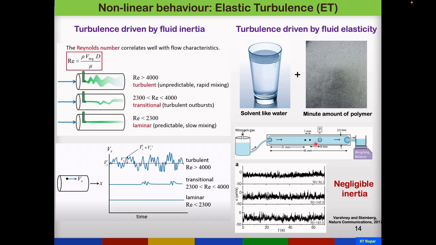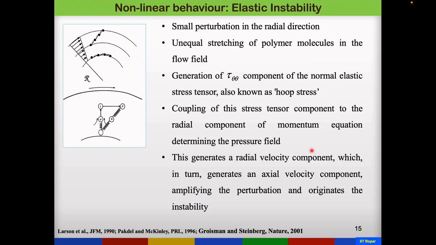In laminar flow it will be very hard to increase the rates of transport processes like mixing or heat transfer, or to increase the rate of chemical reactions. But somehow, if you can induce elastic turbulence within that microfluidic system, it will definitely help you to increase the rate of those transport processes. That's why a lot of people are working on this topic these days.